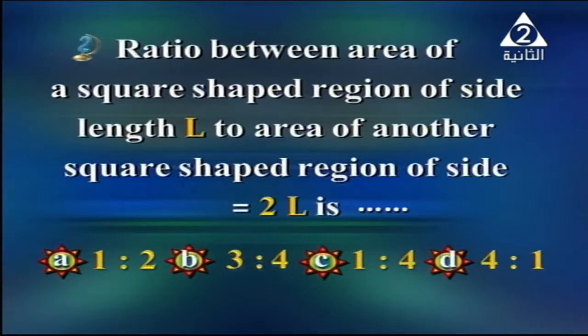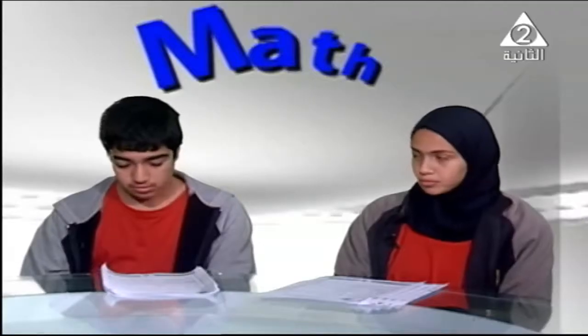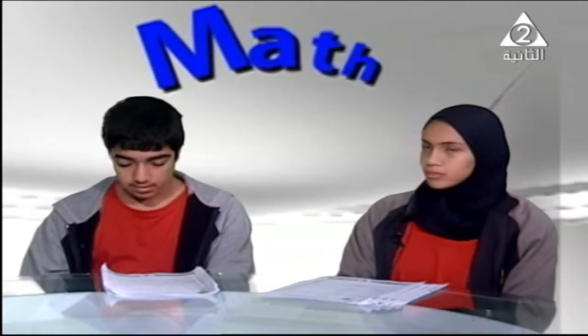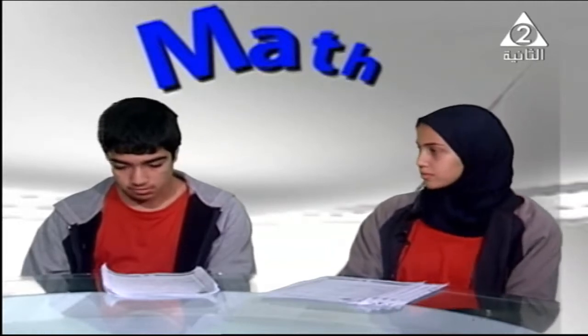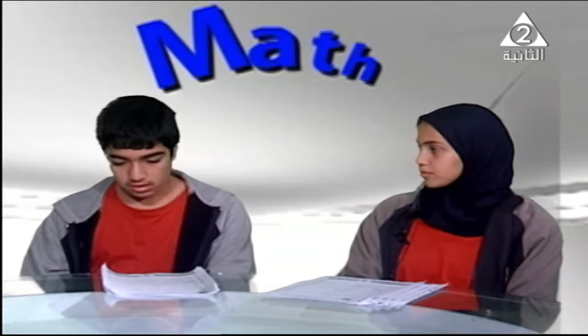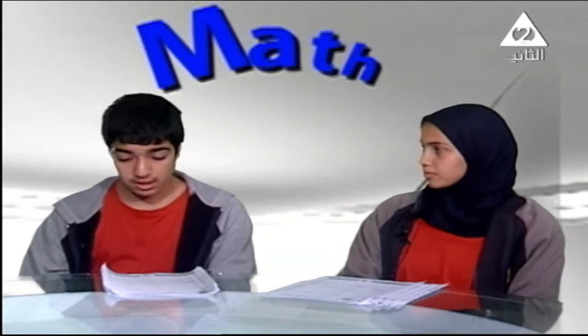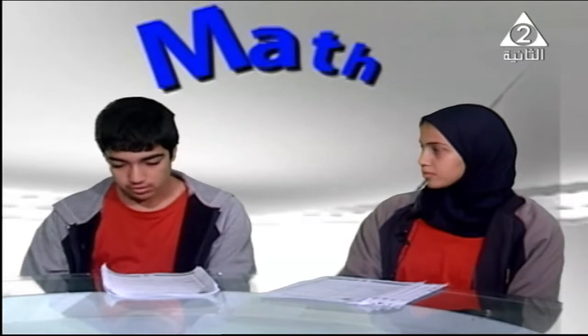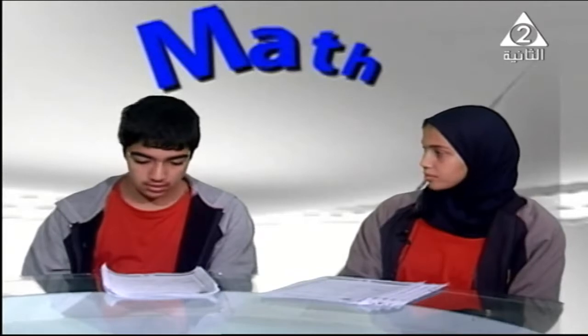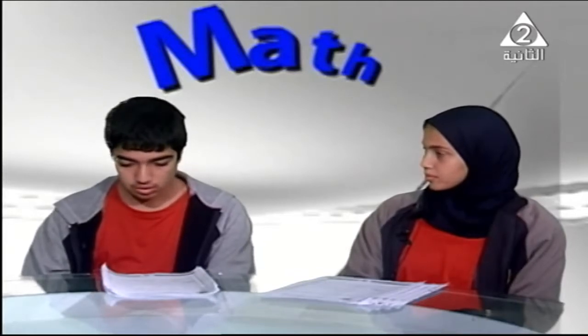Yusuf. Left hand side will be L squared, to get the area. Yes, L times L. Excellent. And the right hand side will be 2L times 2L. Yes, so 4L squared. Then we divide by L squared, and the left hand side is 1 and the right hand side will be 4. So 1 to 4.